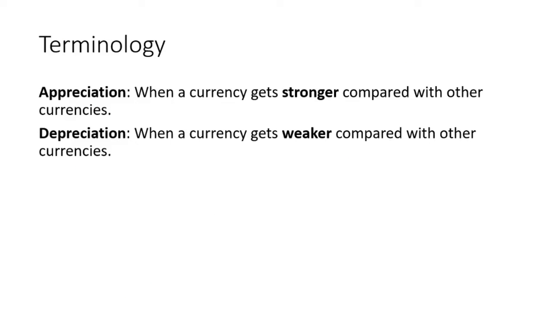Some of the terminology that you want to know is that appreciation means that a currency gets stronger compared with other currencies, whereas depreciation means that a currency gets weaker compared with other currencies.